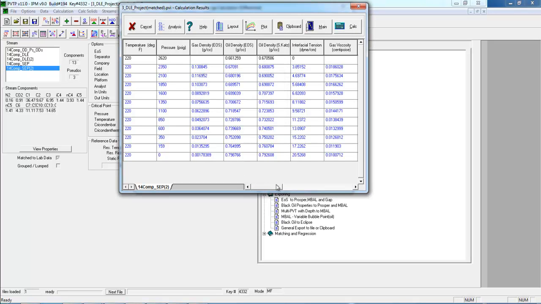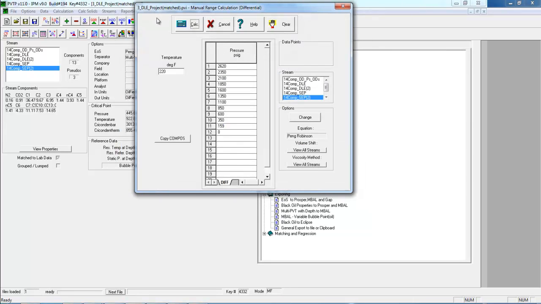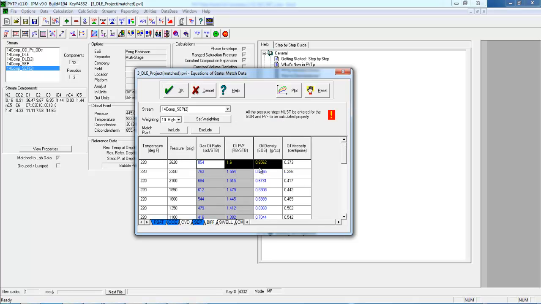So here he takes, for example, Rs from here and Bo from here. This is from your equation of state. You should not take them from here. If you want the lab data, it is here or in the Excel sheet. So you come to this and you take this data. This is the lab data.